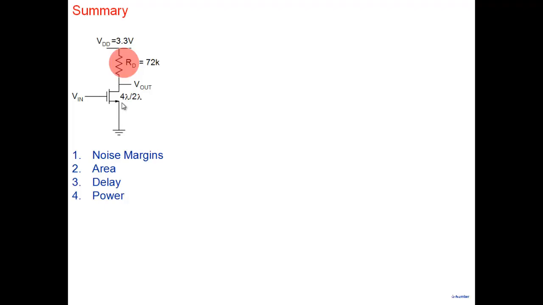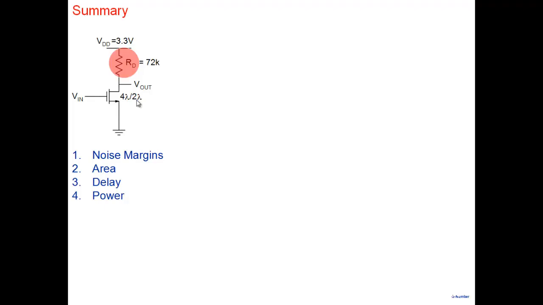If I fix this as a minimum size, will minimum size here give you the minimum area of the inverter? Would you all agree? Is it possible that a larger size of the transistor will give you a minimum area? Is that possible?